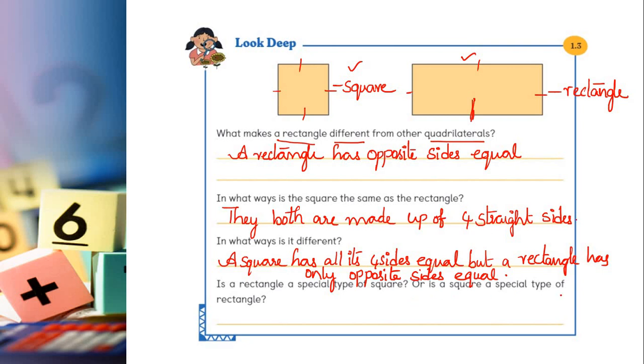Or is a square a special type of rectangle? Is a rectangle a special type of square or a square is a special type of rectangle? A square is a special type of rectangle.